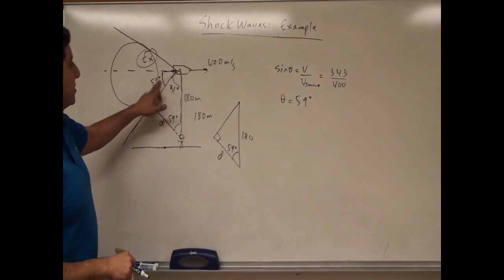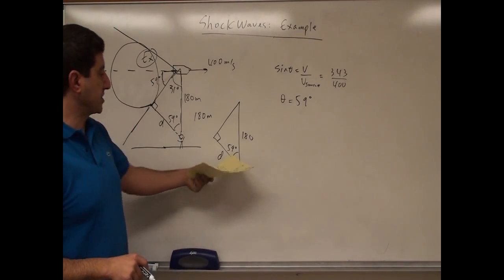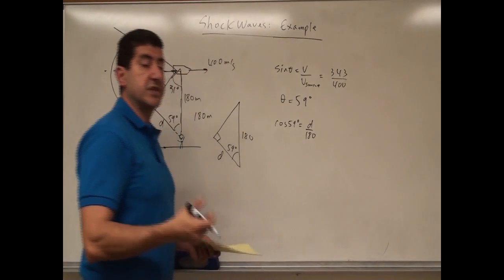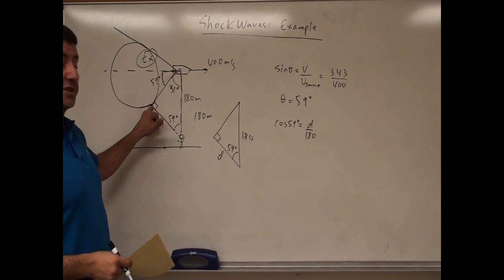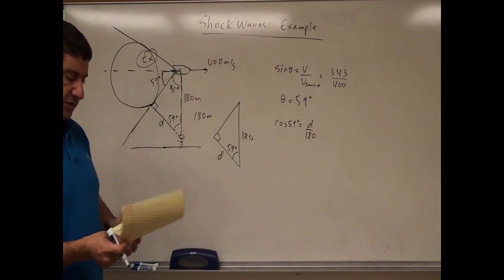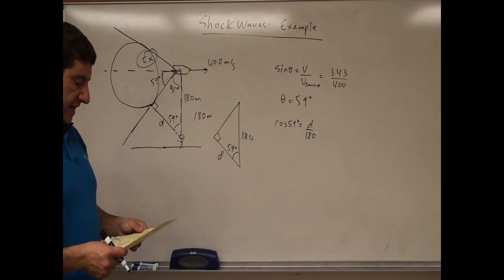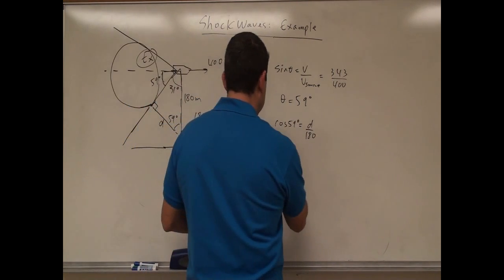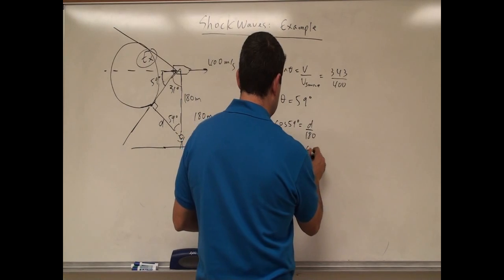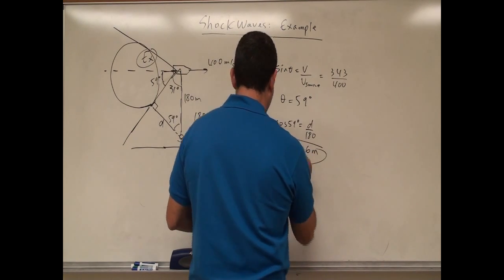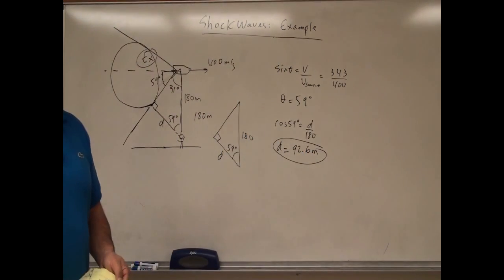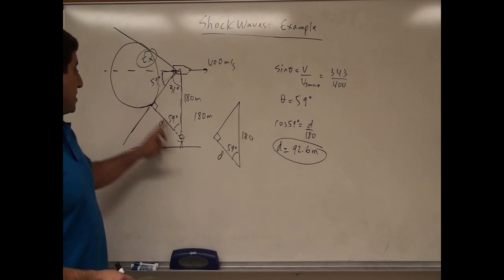Right? And then this and this angle are the same. So we can say cosine of 59, and then from this we can calculate the distance of the closest sound wave that will reach them, right? And then when we do that, we get the answer 92.6 meters.